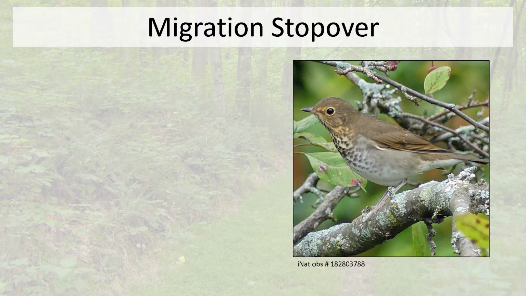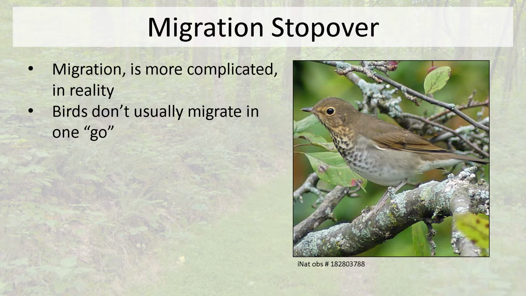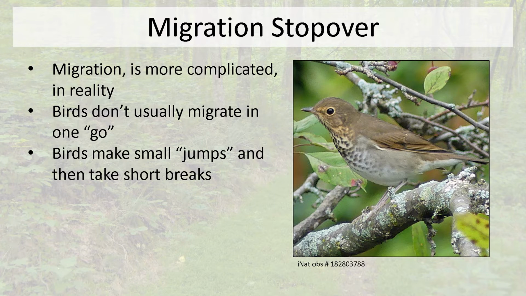Now, migratory behavior is usually a bit more complicated than just the birds breed here, they move there during the winter, and the migratory route is the whole area in between. It's usually a bit more complicated in that birds don't migrate south or north in one single movement. What they usually do is they make small jumps and then take breaks between those jumps.